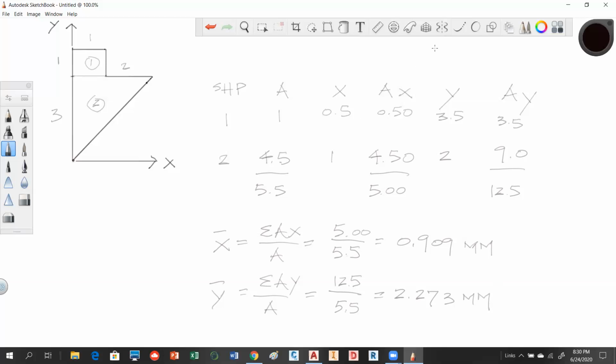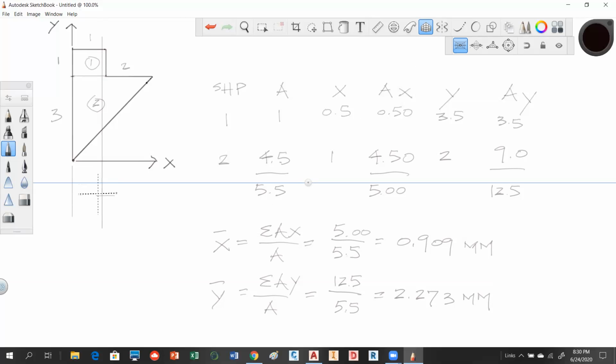So if you were asked to draw this, which is kind of a good thing to take a look at sometimes, what that's saying is the x bar distance is almost about right here. So it would be this distance.